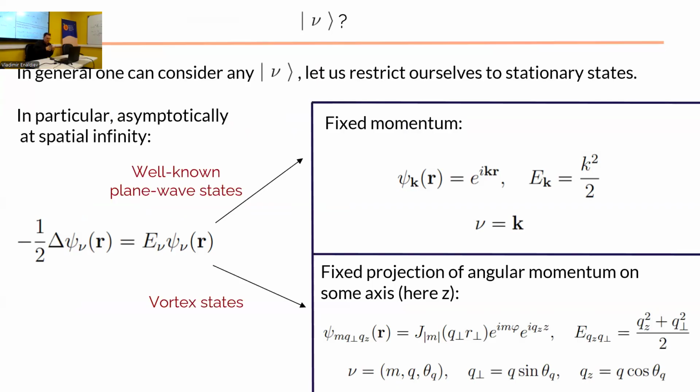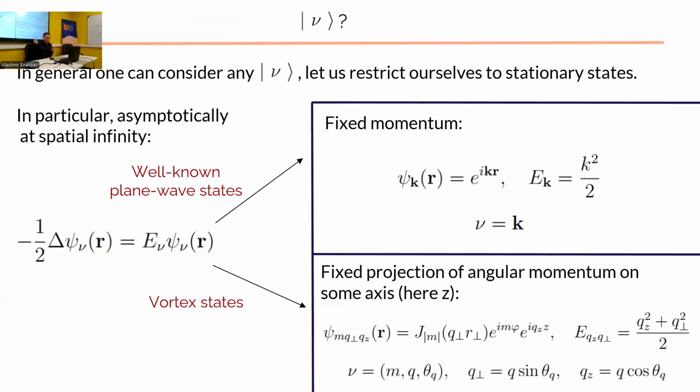In the literature and in the majority of experiments, the final state is considered to be a plane wave state. So we have an electron at infinity. At spatial infinity, it doesn't feel the target, the molecule, for example.